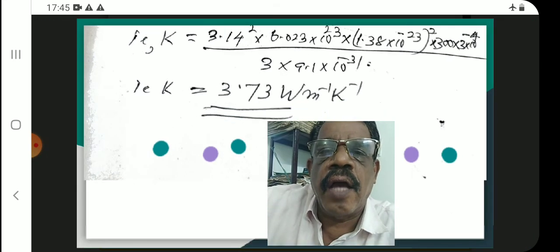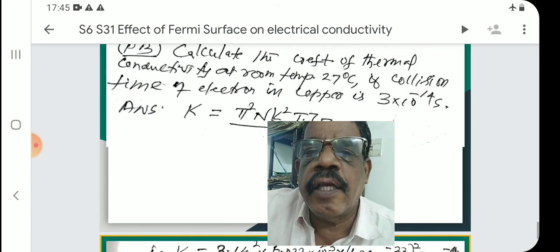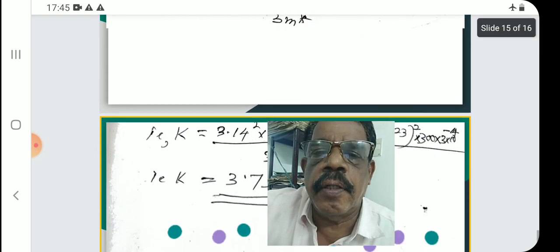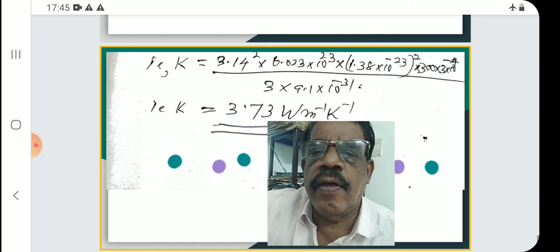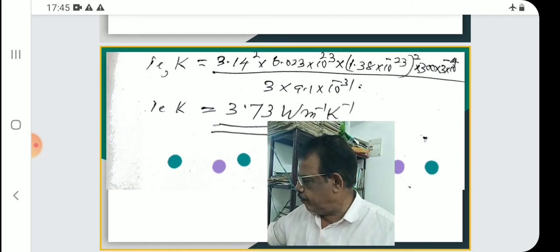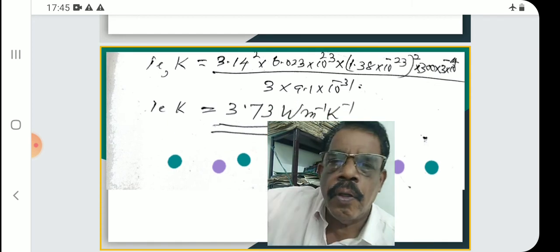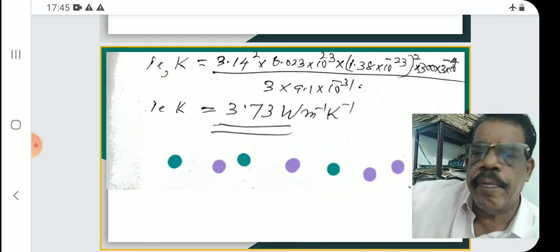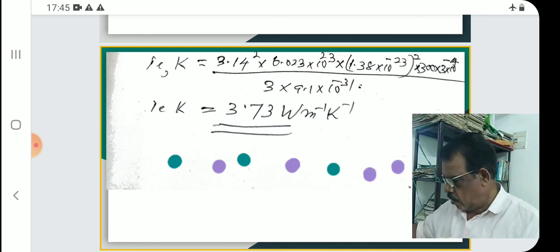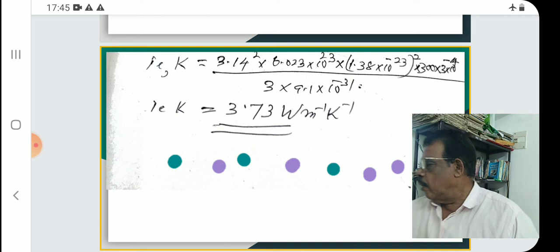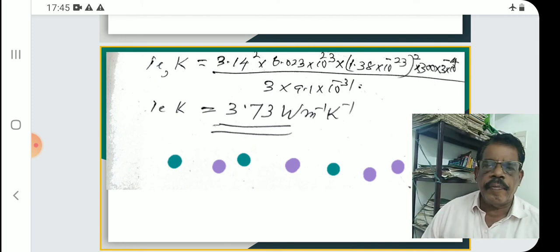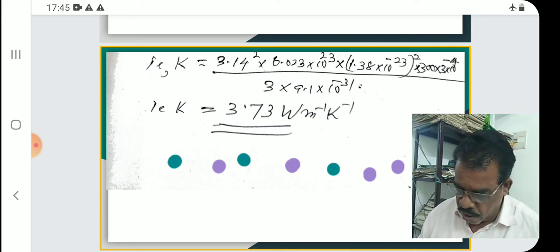Do you see the time? How much is the time given? 14. So you write carefully, it is 14. You see the collision time.